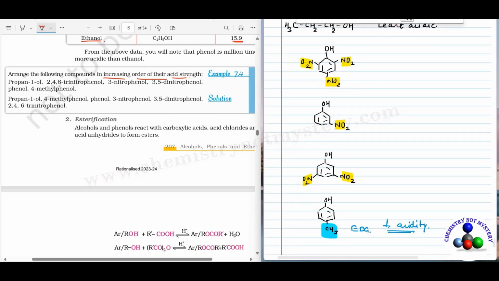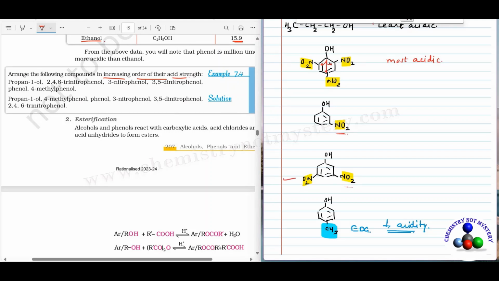Now we have to compare between these three structures. Here there are 3 nitro groups bonded at 2 ortho and 1 para position. So they will withdraw electron density more strongly from OH and make it most acidic. So this one will be most acidic. There is just 1 electron withdrawing group bonded to the meta position, and there are 2 nitro groups bonded to the meta position.